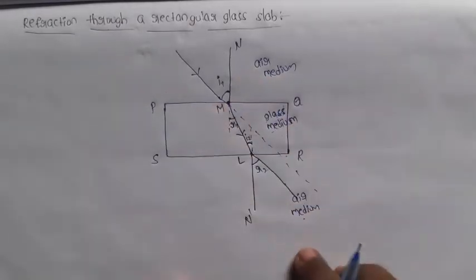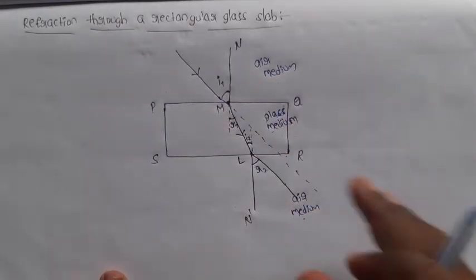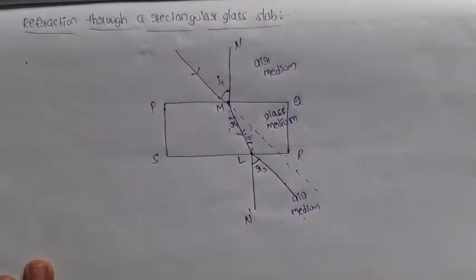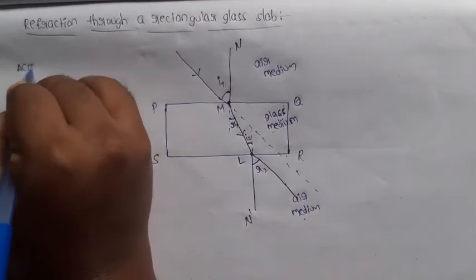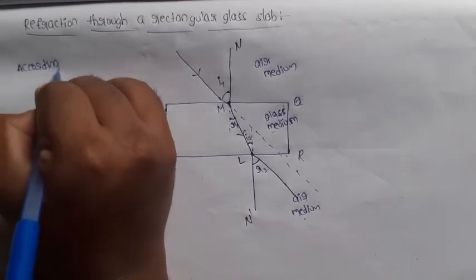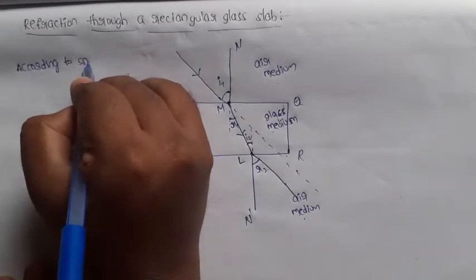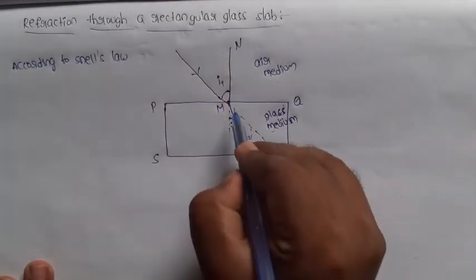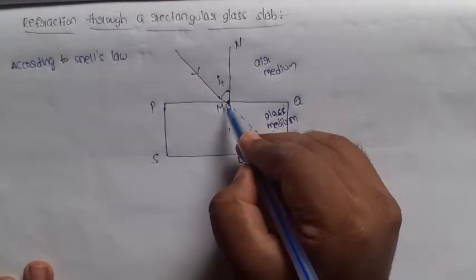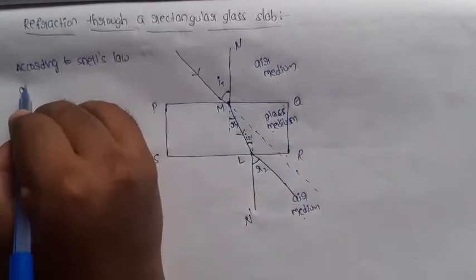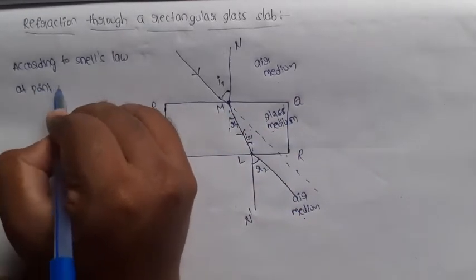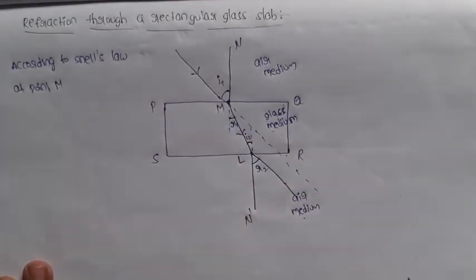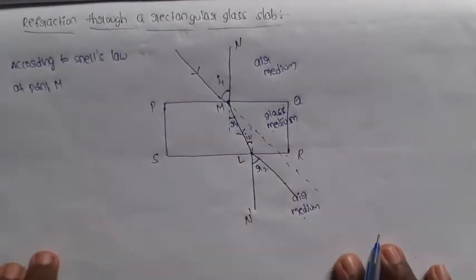The first law is verified. I am applying the second law. The second law is called Snell's law. According to Snell's law, I am applying Snell's law at point M. How are we going to apply this Snell's law?